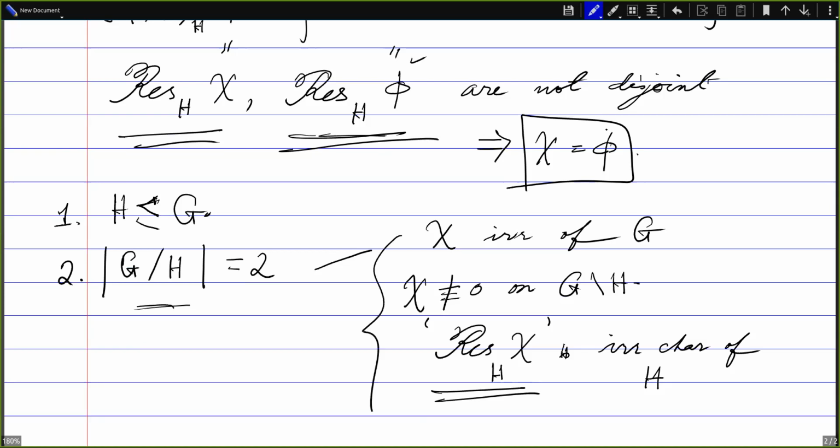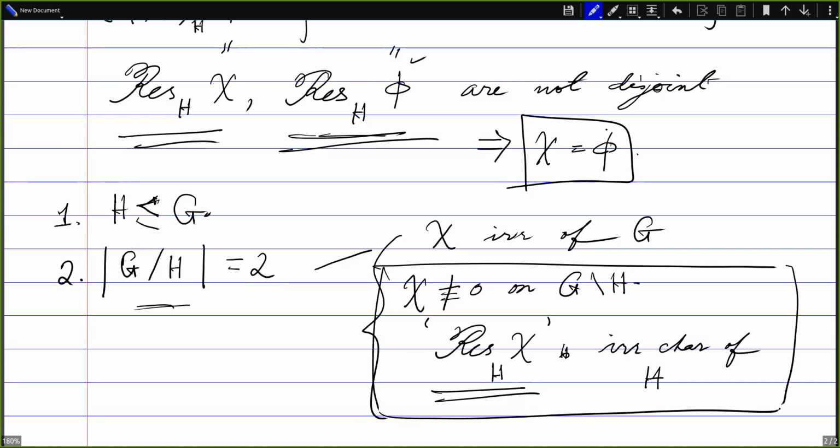This just shows that all the characters which do not vanish identically outside H, once we restrict them to H, give irreducible characters of H, and furthermore they are different. So in this way we get some irreducible characters of H.